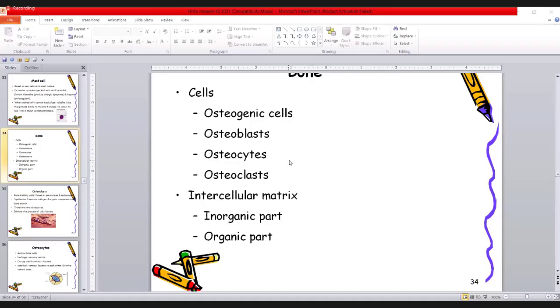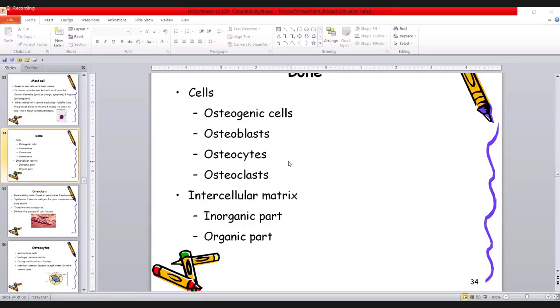And osteocytes. You can start with mature bone cells, because osteoblasts mature and become osteocytes. During this maturation process, osteocytes acquire several different structures surrounding them compared to the osteoblast.